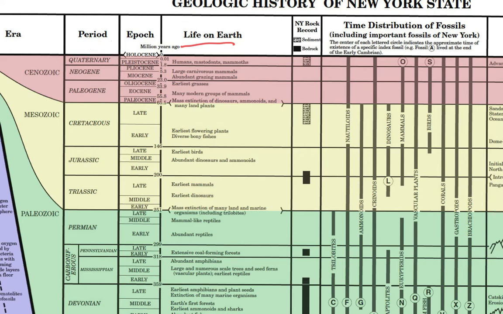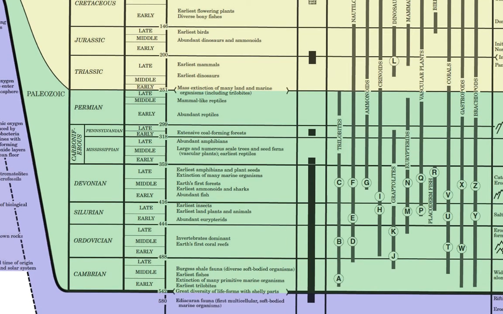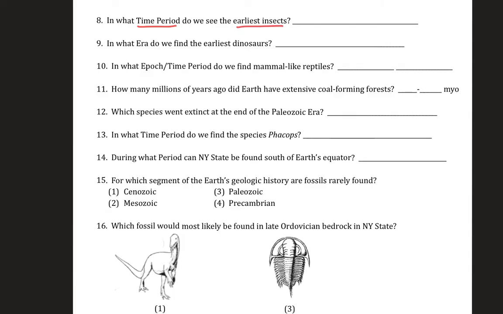So if I go back down to my earliest insects, the time period is the Silurian, and it is the late Silurian because it's up here at the top. So when I go back to my sheet, I'm going to write late Silurian.